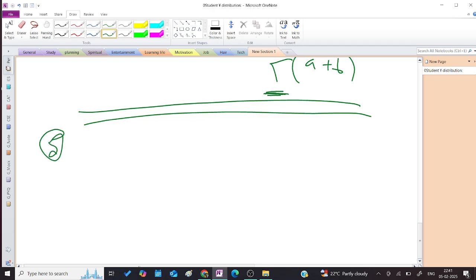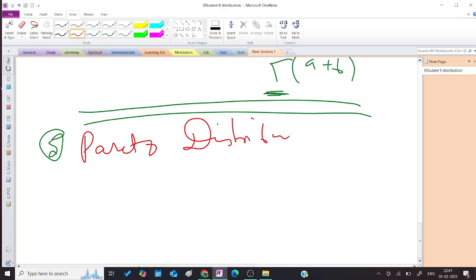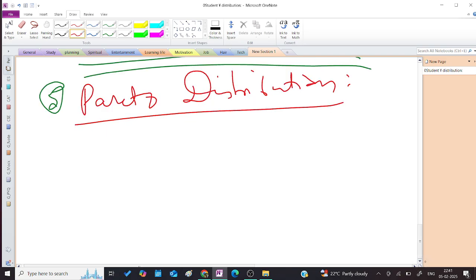Fifth is the Pareto distribution. See, this is also a long tail or heavy tail distribution. So if there are some outliers, then this distribution will not be affected by those outliers.